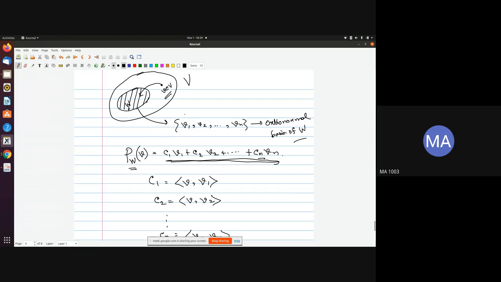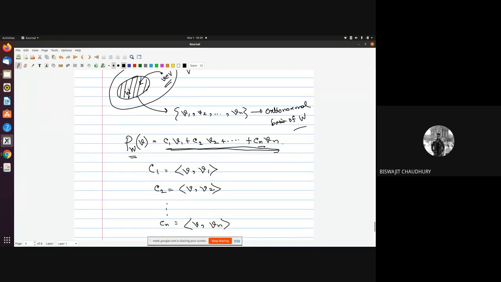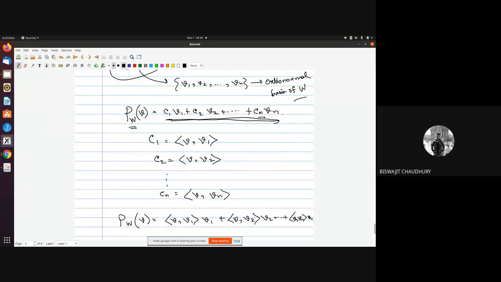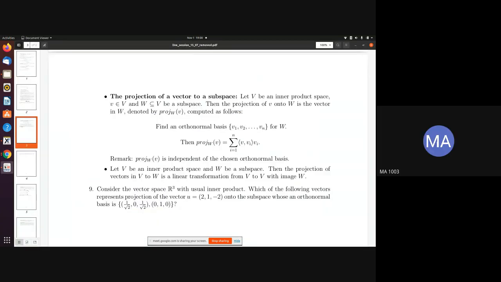Okay, great. Is it clear to everyone? Anyone has any doubt in this, they can ask me. We need to find an orthonormal basis of W also, right? We have to start with an orthonormal basis, then only we can write this linear combination.